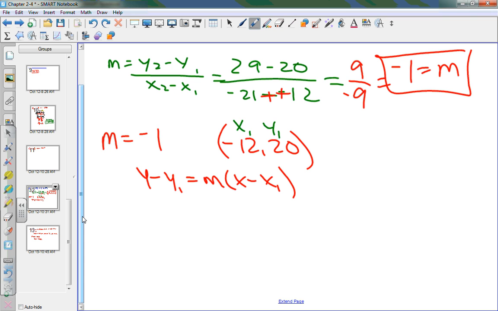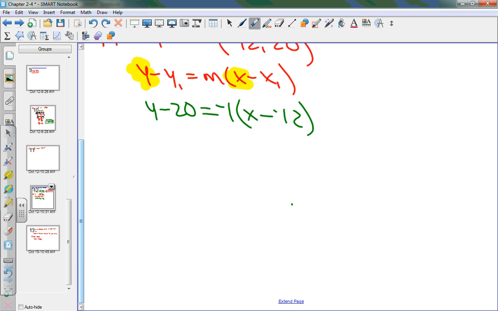And what stays and what goes? y and x stay. Excellent. So now, what is y1? 20. y minus 20 is equal to m, negative 1, x stays, minus x1. What's x1? Good. What's minus a negative? Plus a positive. Please go ahead and take the extra step there so you don't mess up your problem. It's so easy to leave undone. Negative 1 times x plus 12.